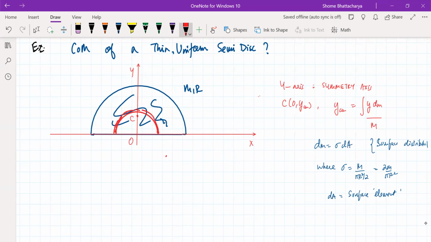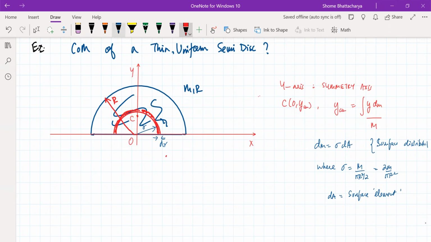So imagine we've sliced a semicircular thin element like this of radius small r and of thickness dr. So the whole semi-disk is sliced into infinite number of such semi-arcs, which are very thin each, with r ranging from 0 to capital R. This radius is capital R. So the value of small r will go from 0 to capital R to cover the entire semi-disk.